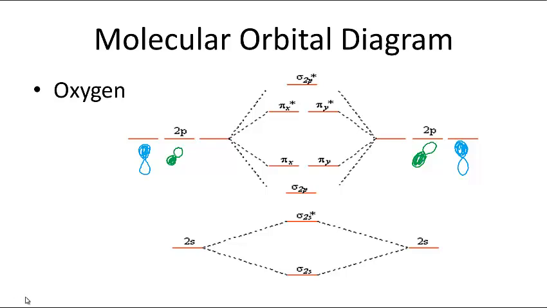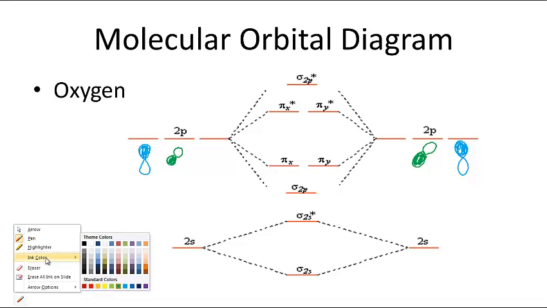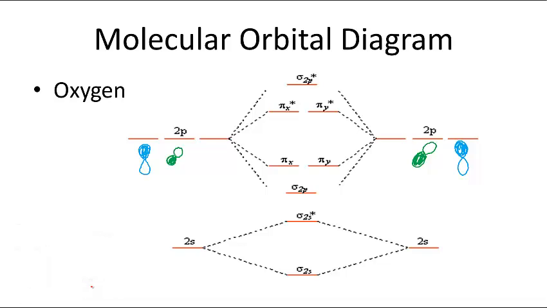So the green ones are going into and out of the page, and then I'll do the last one in chartreuse, which will actually be red. And those are pointed toward each other like this. I gave this one kind of a wimpy right-hand lobe. Let me fix that. All right, so those are my three sets of p orbitals that I can combine to make molecular orbitals.